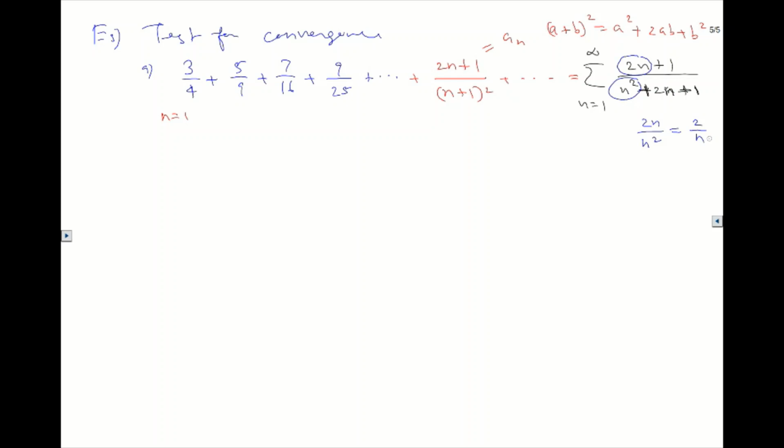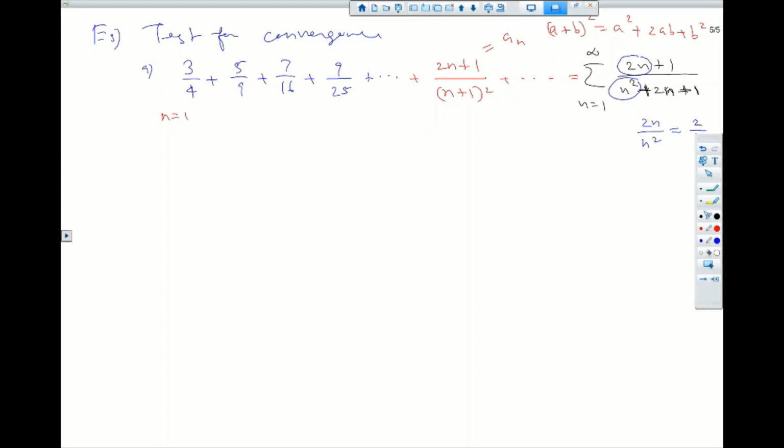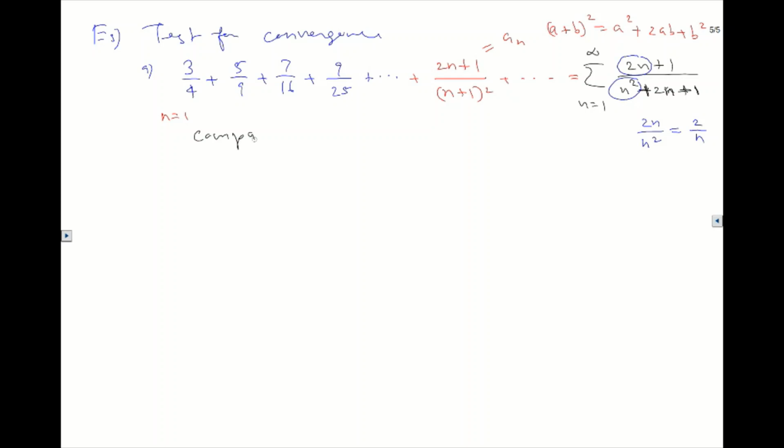But let's try to finish the argument. You see, we know what your series is. Now let's finish the argument. Let's compare with the sum from n equals 1 to infinity of 2 over n.